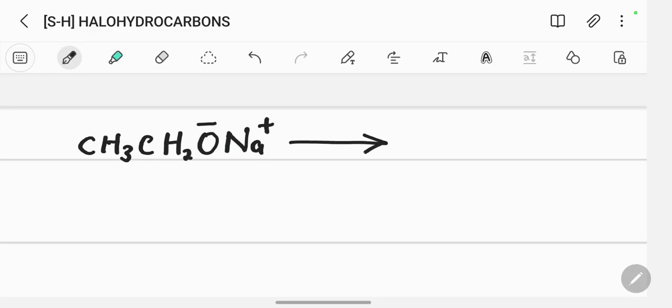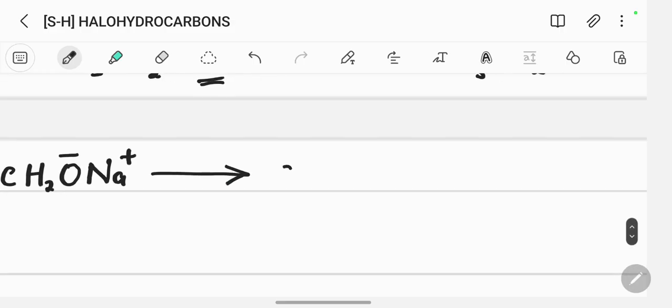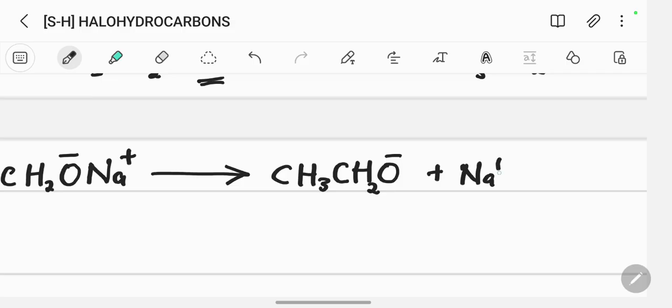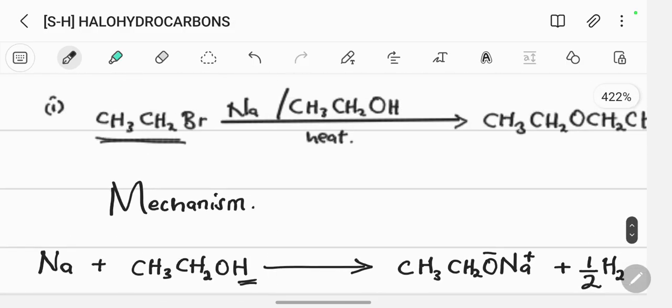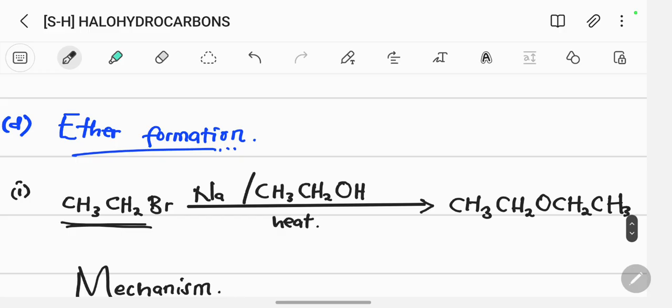It's going to dissociate to give us ethoxide ions plus sodium ions. Now it's the ethoxide ion that is going to attack this halogen.